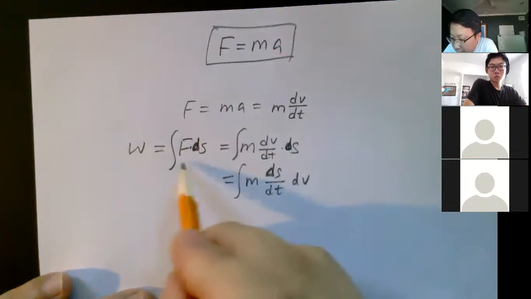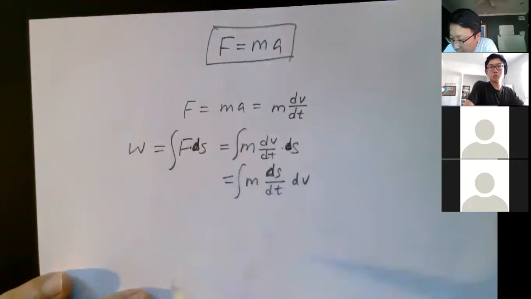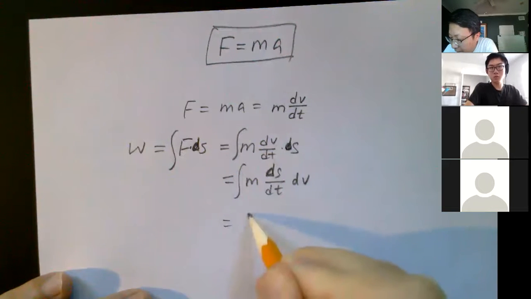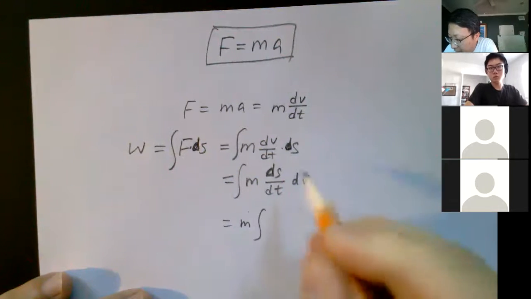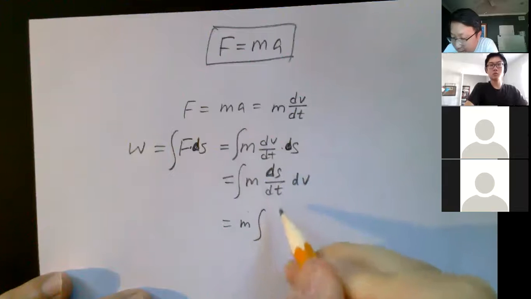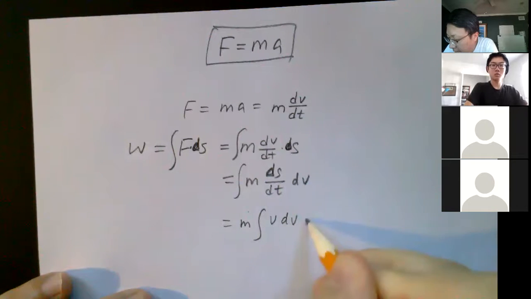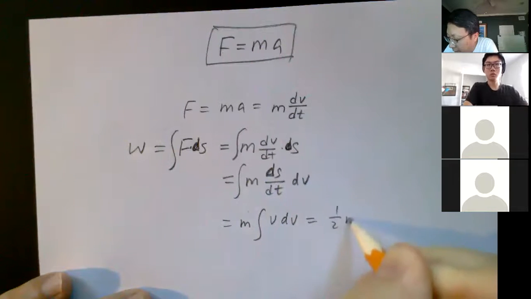Right. So that's the total work. So m is constant, you can take it out. ds/dt actually is v, so v dv integrates to 1/2 v squared.